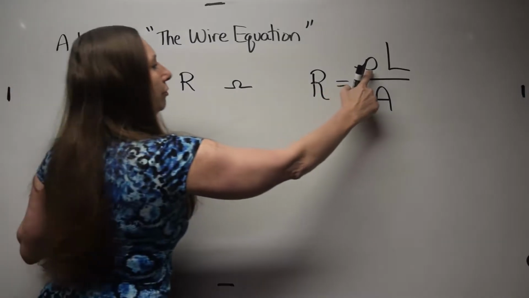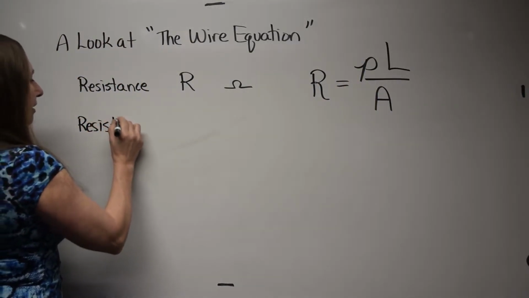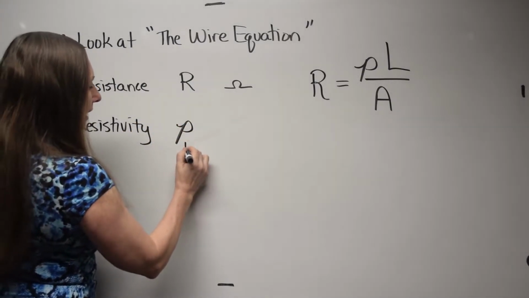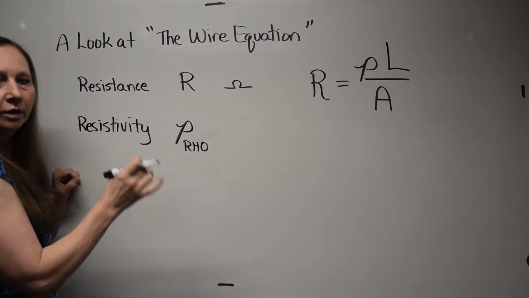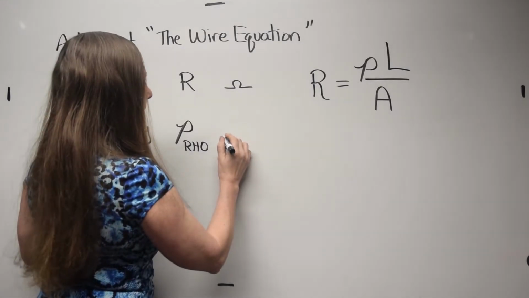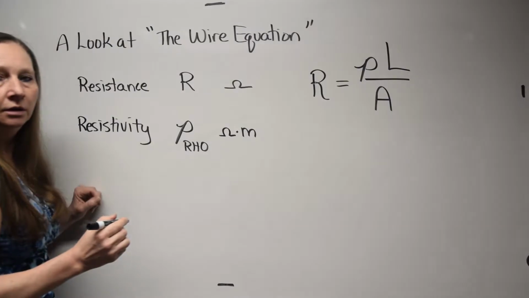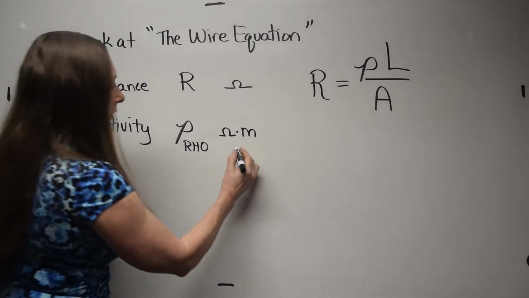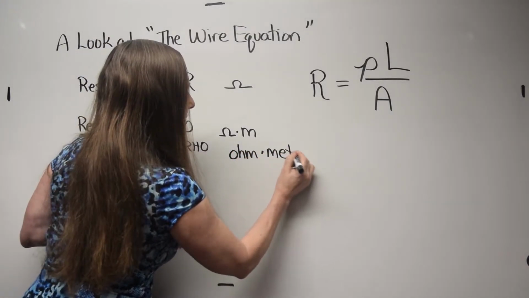We have resistivity, which the symbol is rho. Again, this is the Greek letter rho, it's not a lowercase p. The unit for resistivity is ohm times meter. Don't say ohms per meter, say ohm meter. You could just say it's an ohm meter.